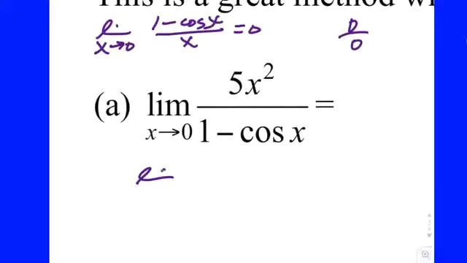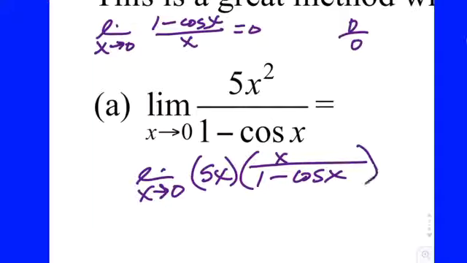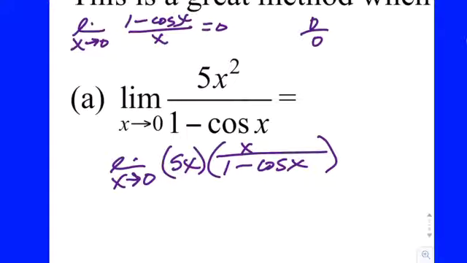There's an x squared in the top. So if I split it up and call that 5x times, and then I leave that x and 1 minus cosine of x, again, just using the associative property of multiplication. Now by direct substitution, 5 times 0 is 0. And of course, I know the other one now, because it's the flip of the one I memorized, is some type of infinity.